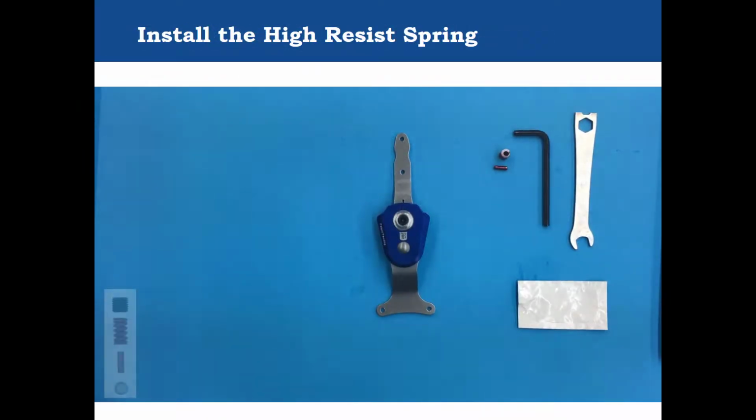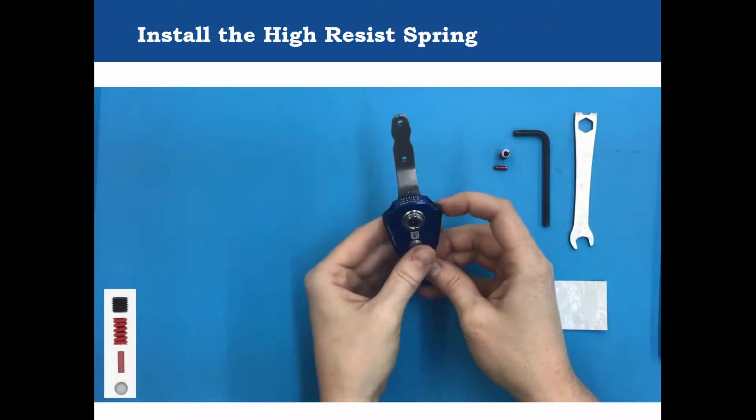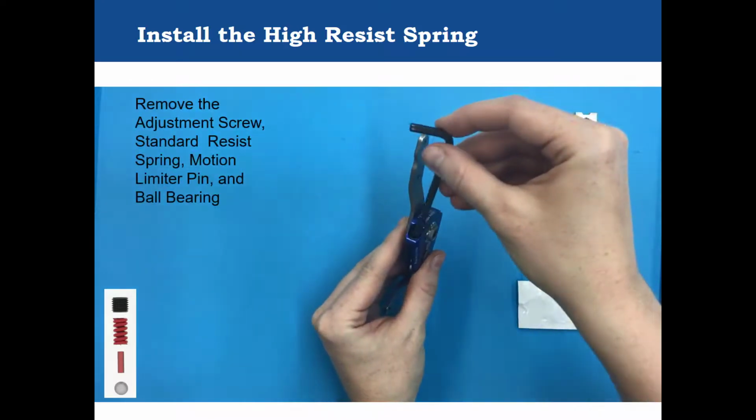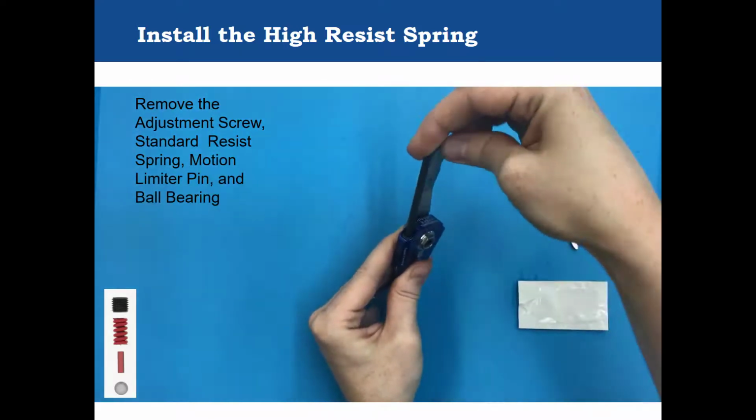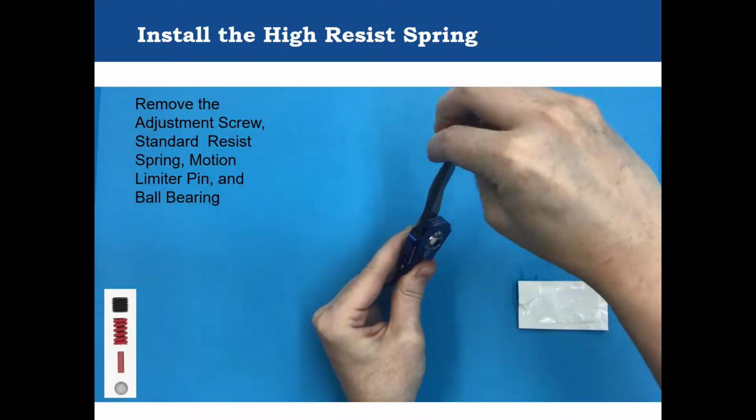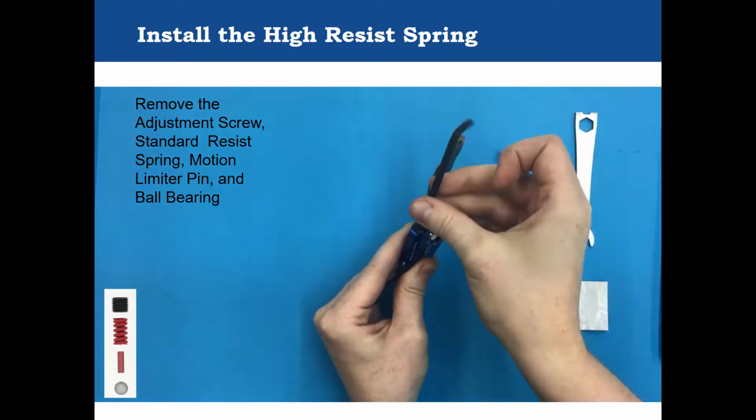This video illustrates installation of the high-resistance spring configuration number 2. First, remove the standard resistance spring and motion limiter pin from the component body.